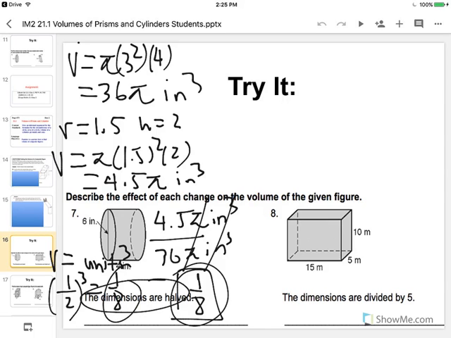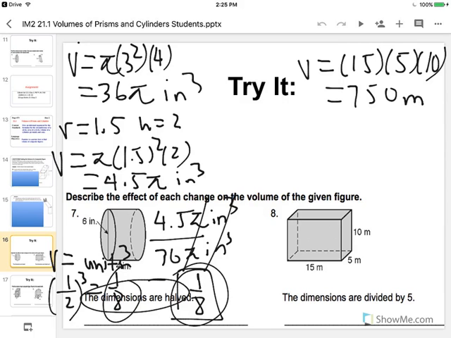Then for here, we can try this out. The volume is 15 times 5 times 10, which would be 750 meters cubed. They want it divided by 5, so we do 1/5 raised to the third power, which gives us 1/125.